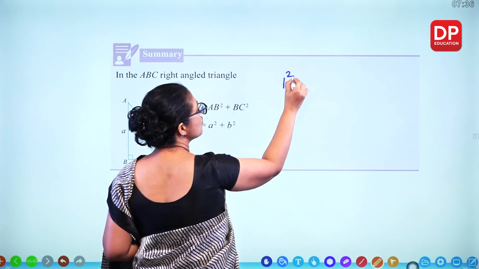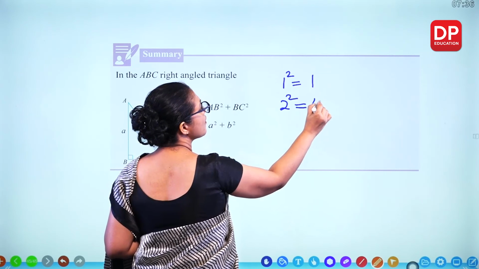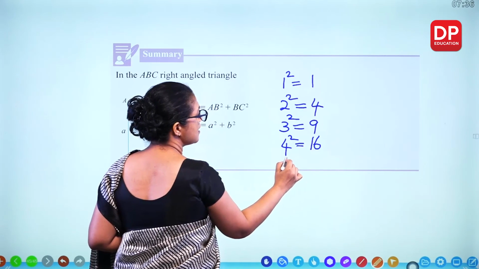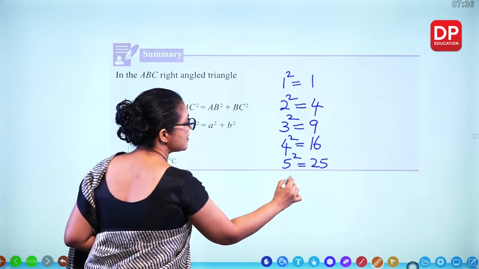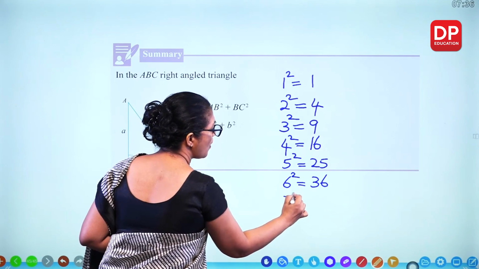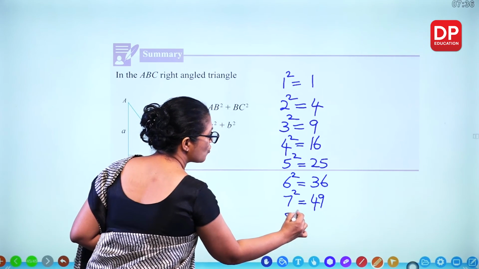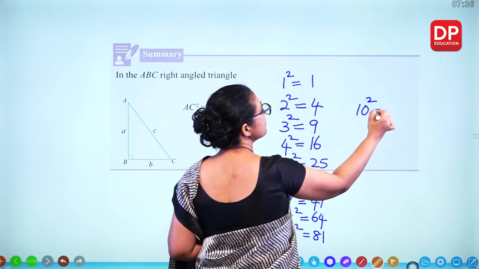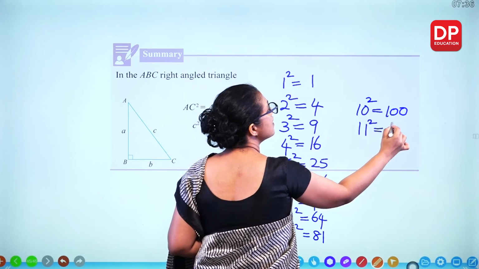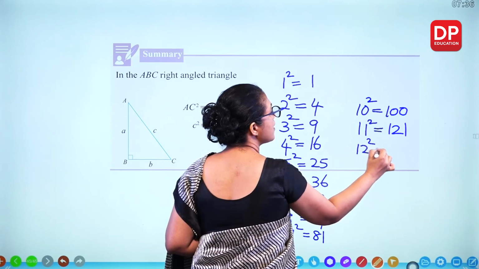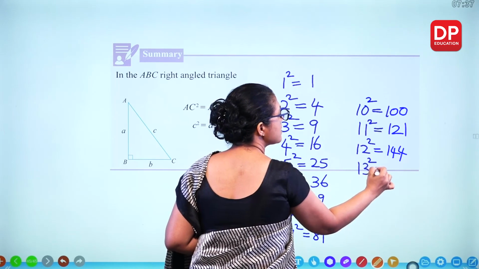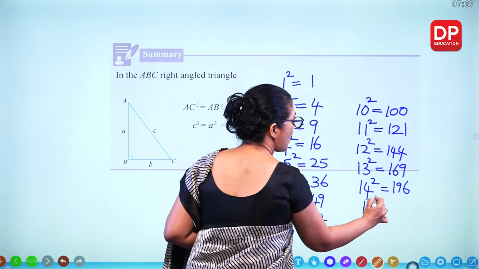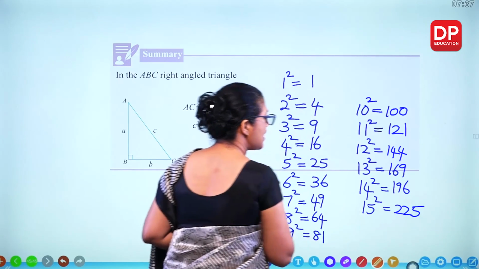What are the square terms? 1 squared is 1. 2 squared, 4. 3 squared, 9. 4 squared, 16. 5 squared, 25. 6 squared, 36. 7 squared, 49. 8 squared, 64. 9 squared, 81. 10 squared, 100. 11 squared, 121. 12 squared is 144, 13 squared is 169, 14 squared is 196, 15 squared is 225.